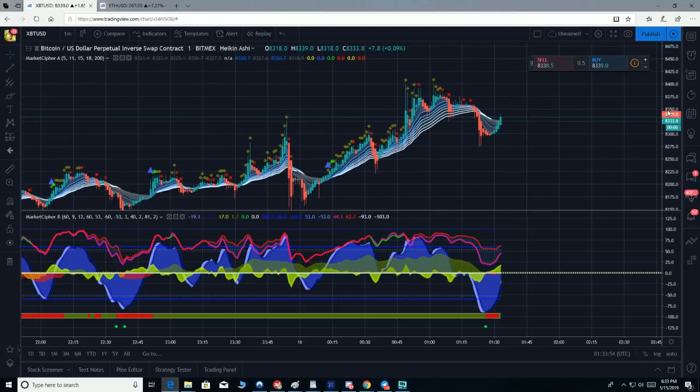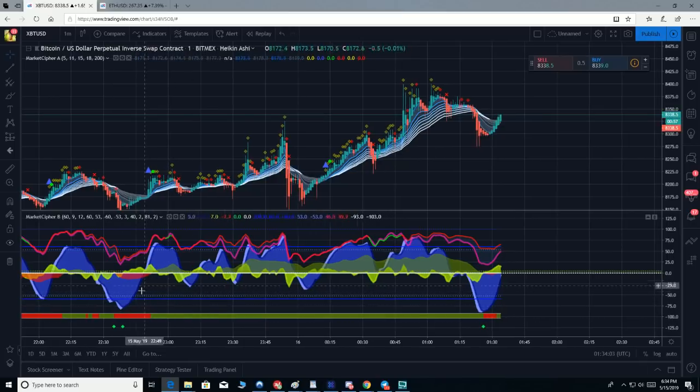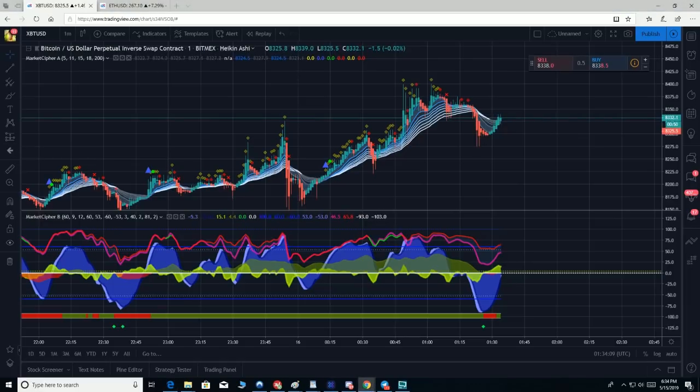That alone's worth it. In fact, I should sell it a la carte, you know? If you want the green dots, it's 400. If you want the money flow, it's 300. Don't you think that's a good idea?